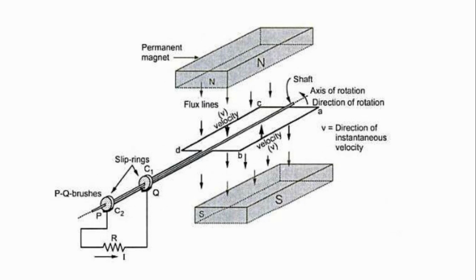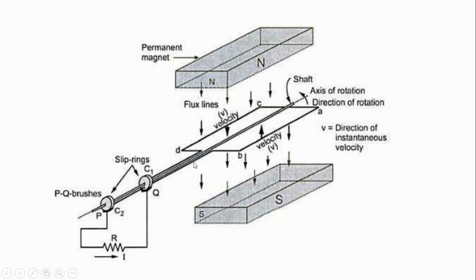So this is the simple loop generator. In this, as I already told you, there is a permanent magnet of two poles, and a single rectangular coil ABCD is kept in the vicinity of the magnetic field.